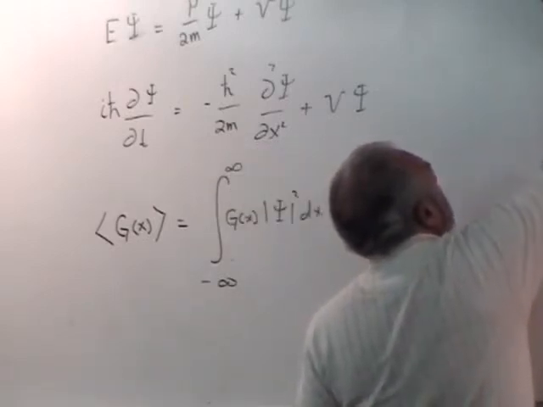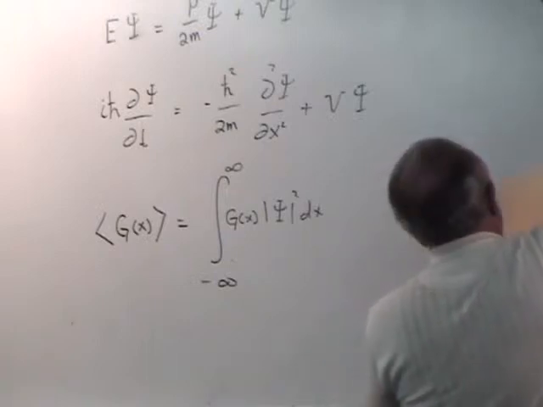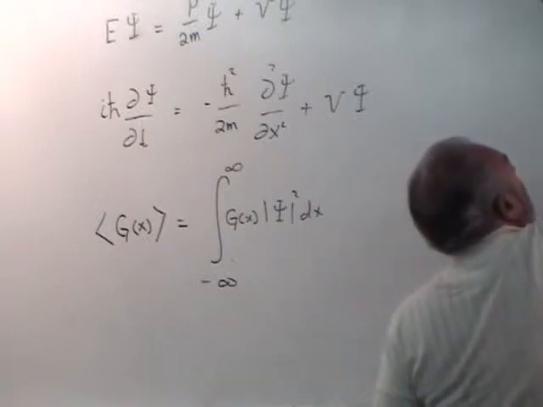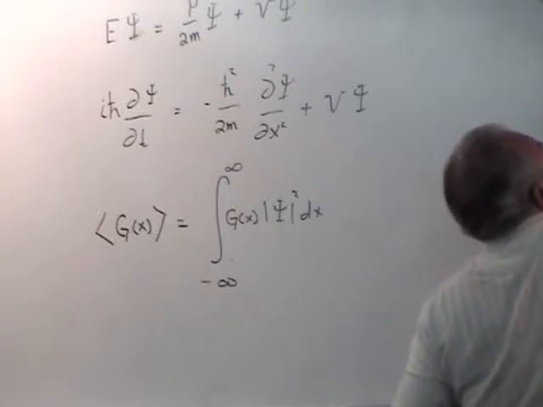That capital psi could be written down as, of course, A e to the minus i over h bar (Et minus px).